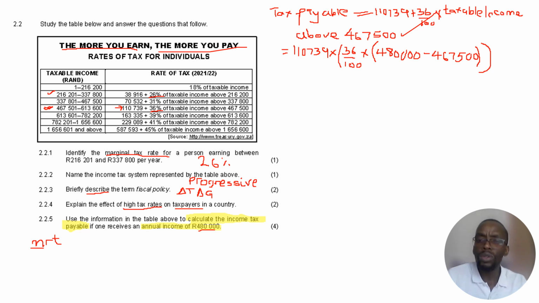So if you punch that in your calculator, you are going to end up with 110,739 plus 36% of... I will start by solving the smaller bracket.